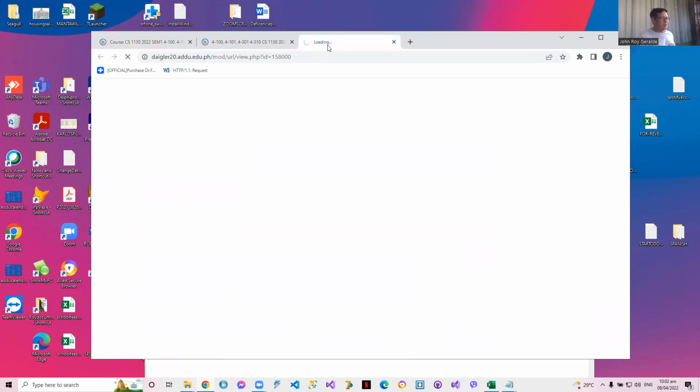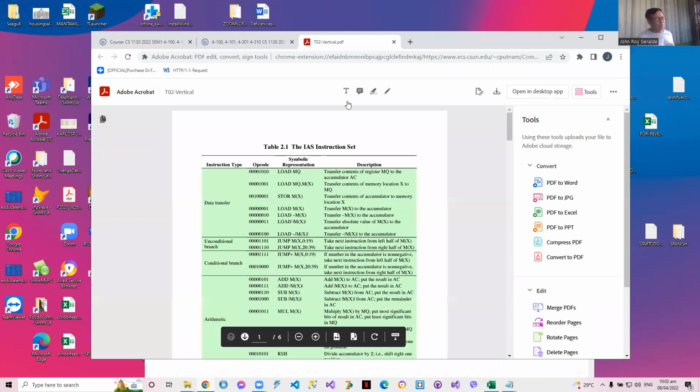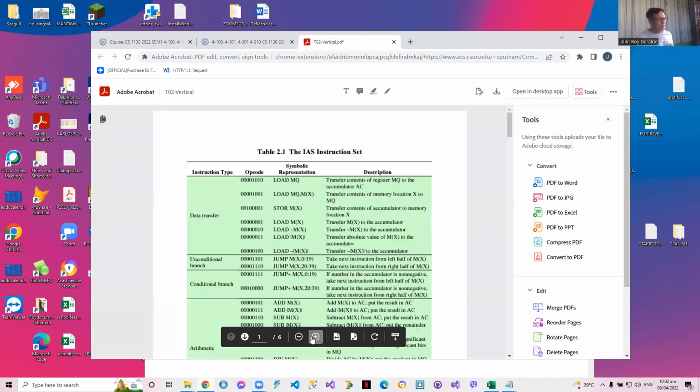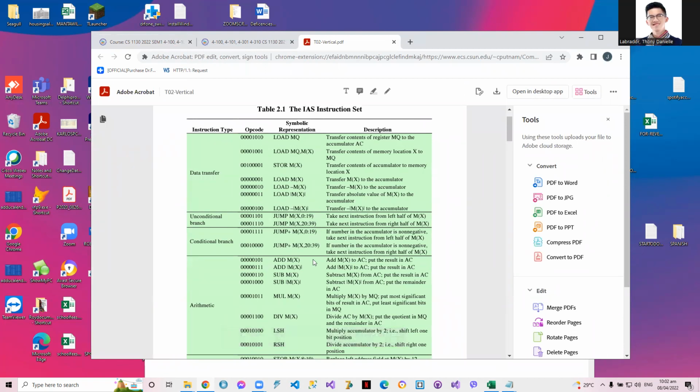Now, the IAS instruction set. Can you see this? Yes, sir. So basically, the IAS has data transfer instructions, like in the analytical engine.